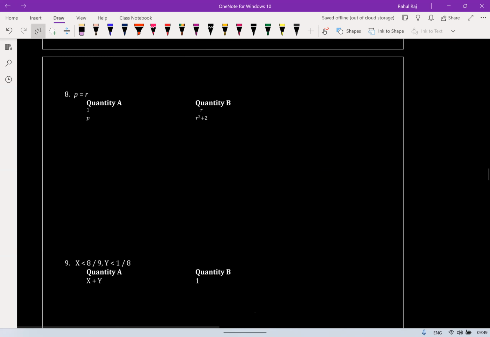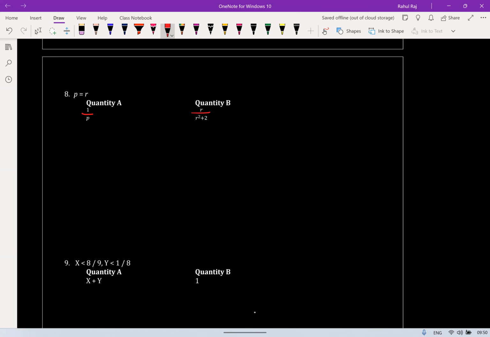Question number 8, please. It is 1 by P, R by R square plus 2. So here I thought the information was really less.